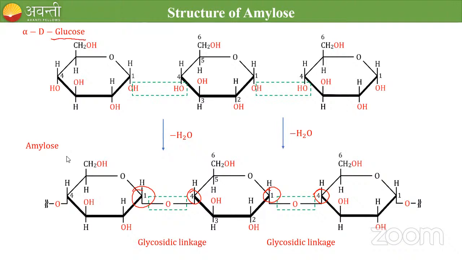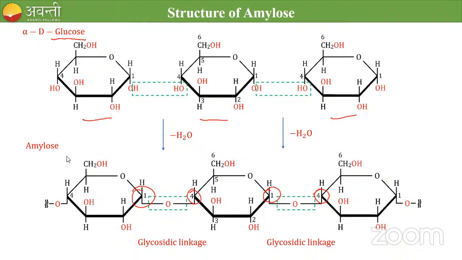Yesterday we discussed the structure of glucose, alpha glucose and beta glucose. If you remember it, you can get the structure of amylose, because we are repeating the unit of this glucose molecule to form amylose. You can draw the structures separately, remove the water molecule and connect them with the glycosidic linkage.